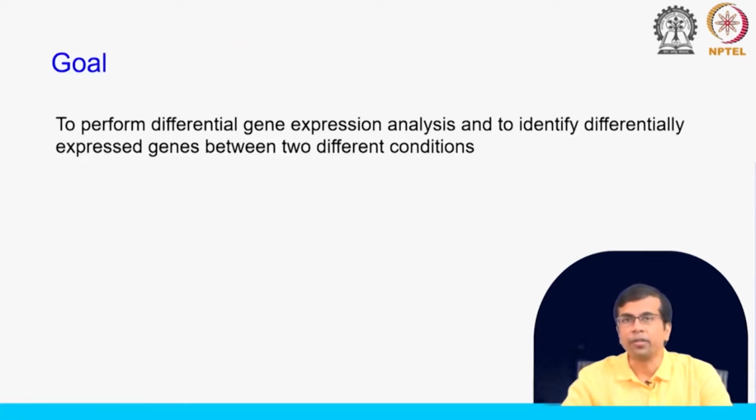Just to remind you, the goal is to perform a differential gene expression analysis and to identify genes that show differences in expression between two different conditions. I have also showed you the data set where we have 16 samples and raw count data for about 6,800 genes.